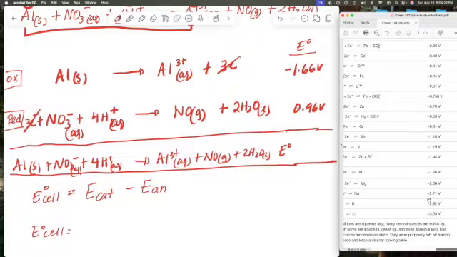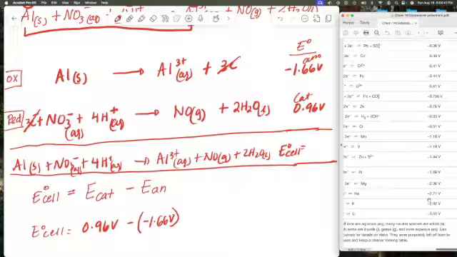So E naught of the cell is equal to, the cathode is this one here. This is cathode. This is anode. 0.96 volts minus negative 1.66 volts. 0.96 minus negative 1.66.